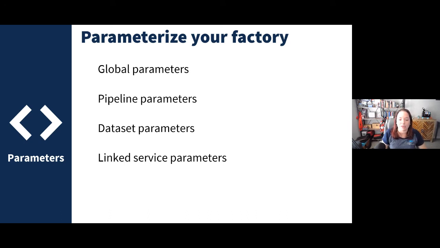But you could also just do one data set that's connected to that linked service for your SQL database and parameterize it so that you can pass in the name of the table or view as part of your pipeline, as part of your copy activity. So I think data set parameterization is very important because otherwise you get an explosion of JSON files that becomes unmanageable if you have a decent sized data factory doing a lot of stuff.